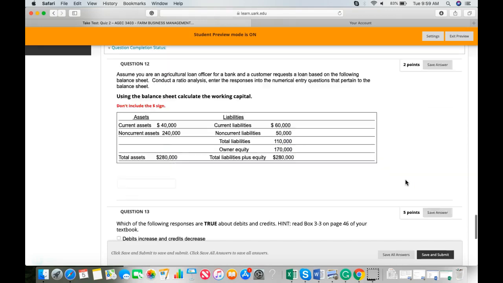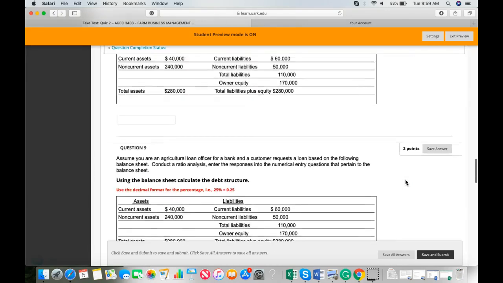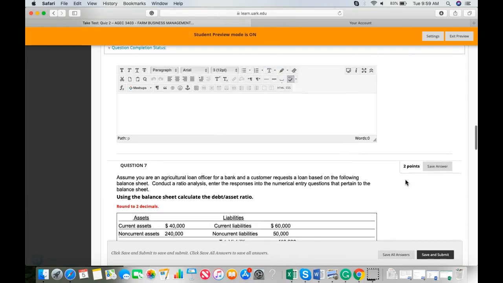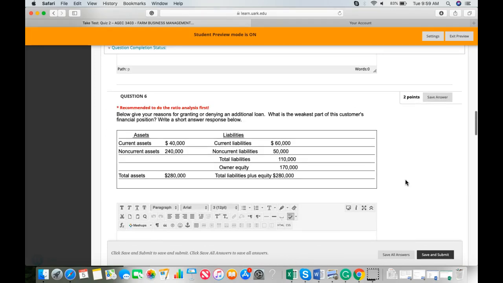I did see some people put 20,000, but they didn't add the negative sign, and that's very crucial to understanding working capital. So let's talk about giving this customer a loan. This was kind of a judgment call. It was basically about your rationale, how you use the ratios to formulate your response. You can see that the customer's weakest part of their financial condition is poor liquidity.